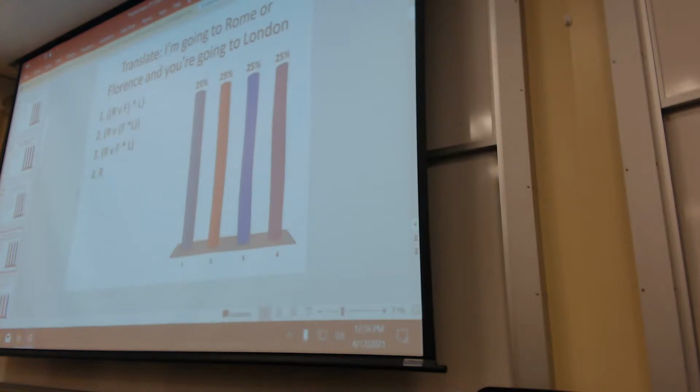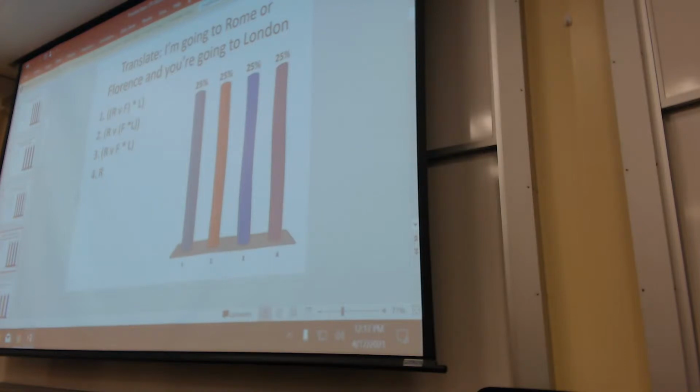All right, so we've got the or. We're going to need Rome or Florence. Since there's nothing else indicating what goes together, then you just put them together left to right.